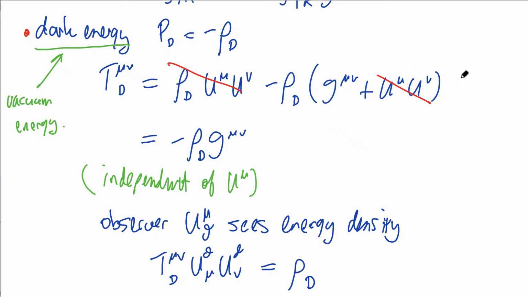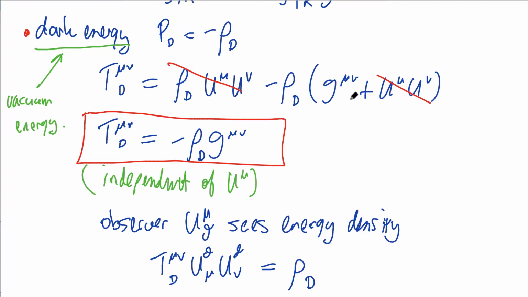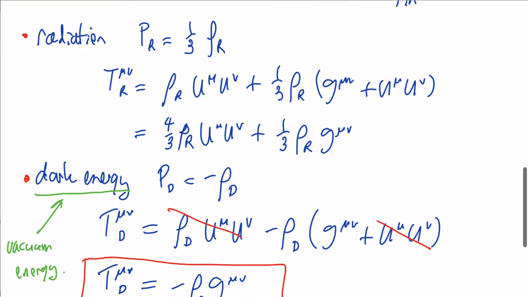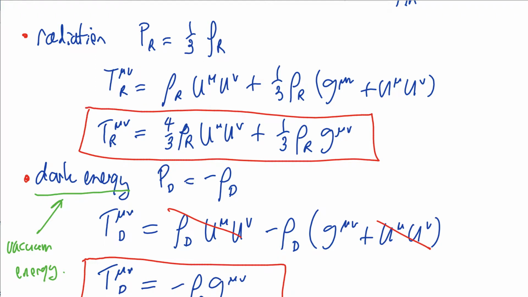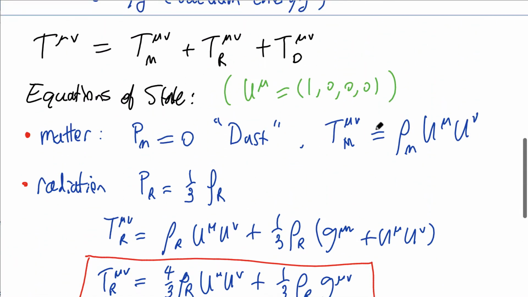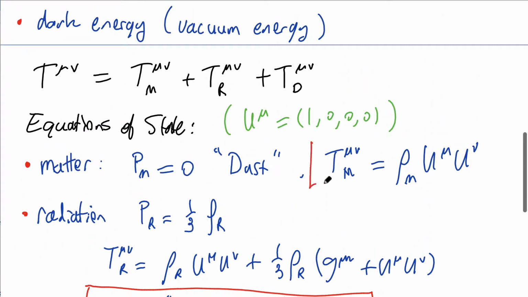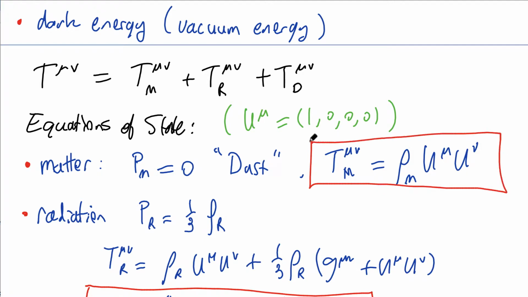So we've now specified the three components of the matter content of the universe. This is the dark energy component. We have the radiation component. And the dust component, the ordinary matter component.